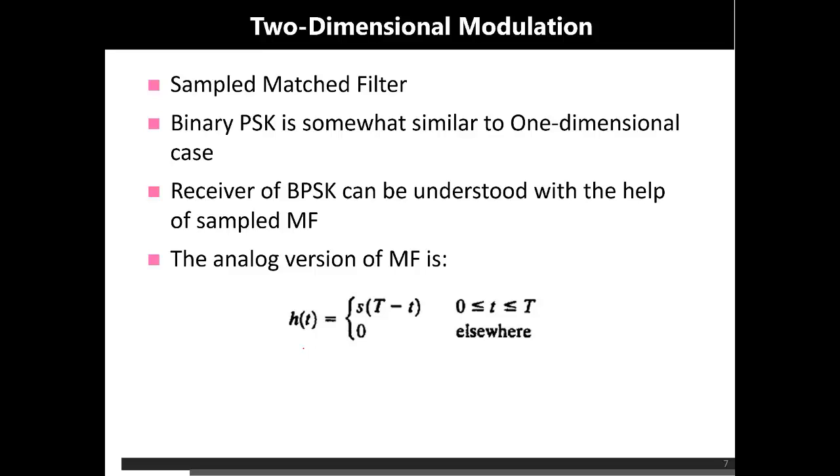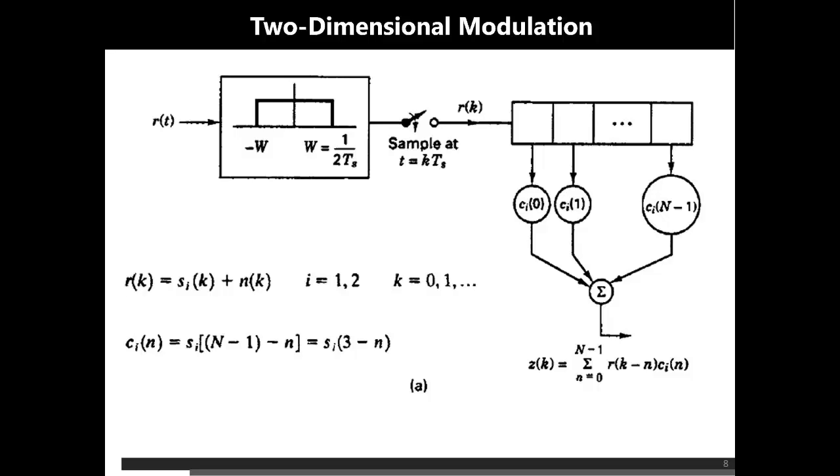So the analog version of the matched filter is this one, which simply says that the impulse response of the matched filter is a flipped and shifted version of the transmitted pulse. So it will be S of capital T minus t, where capital T is the symbol period. If you discretize this particular system, because in implementation you do not use analog descriptions.